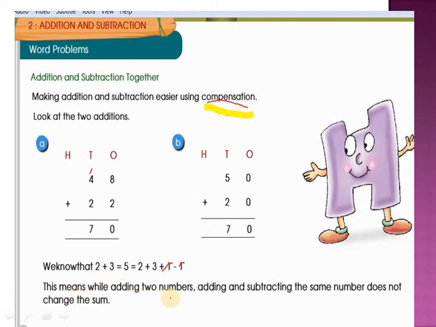So this means while adding two numbers, adding and subtracting the same number does not change the sum. We are not getting a different sum when we add the same number to one number and subtract it from the other, isn't it? So adding 1 minus 1 does not change the sum. So the sum is always the same. So this is what the addition.